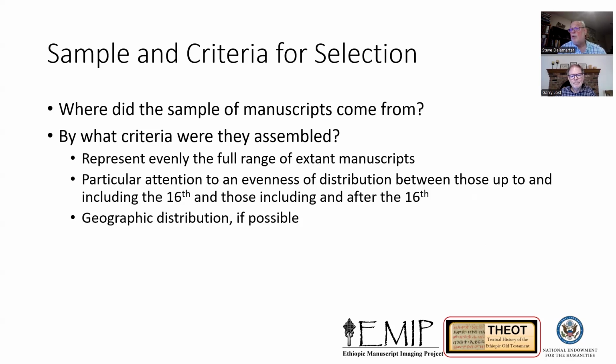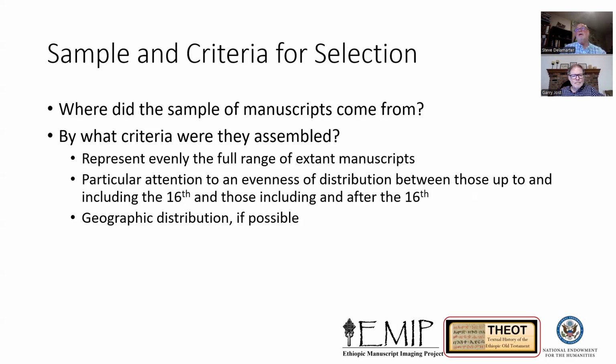Now, this raises the whole issue of unprovenanced manuscripts that sit in European and North American libraries and all over the world, and even in many libraries in Ethiopia. Geographic distribution is much more difficult to ascertain than chronological.